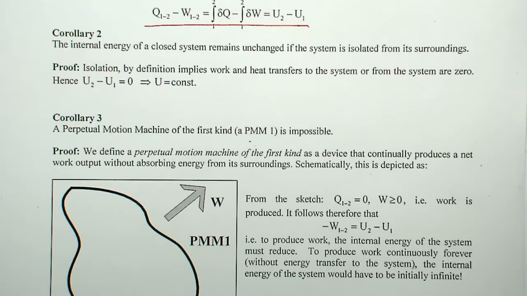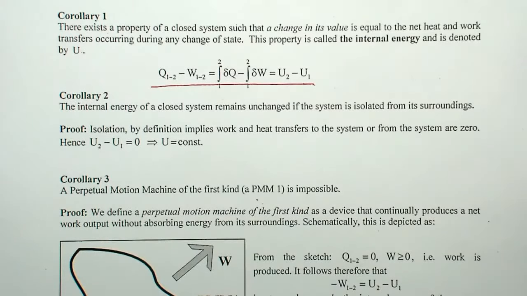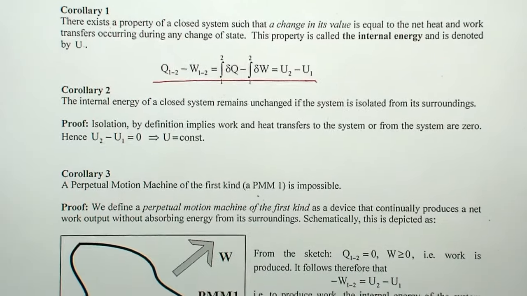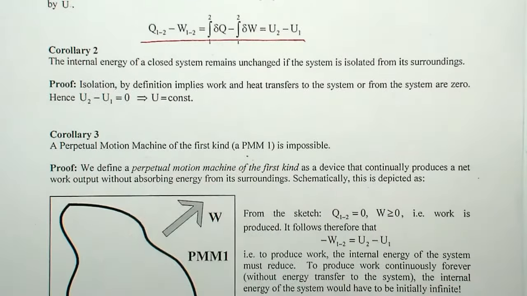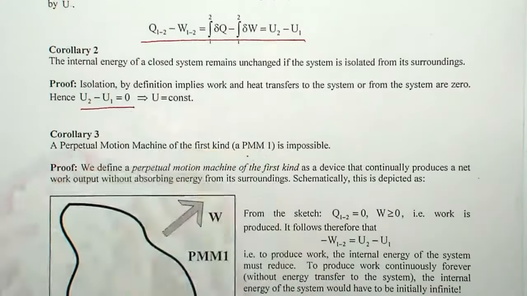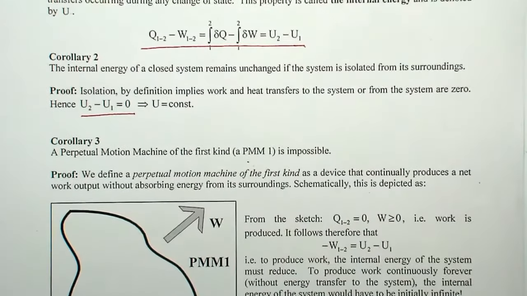So if you could somehow put your system in an isolated state, which means it's not exchanging heat or work with the surroundings, then the change in the internal energy is going to be 0. So your internal energy will be conserved, essentially. And mathematically, therefore, the change will be 0, therefore your internal energy will stay constant.